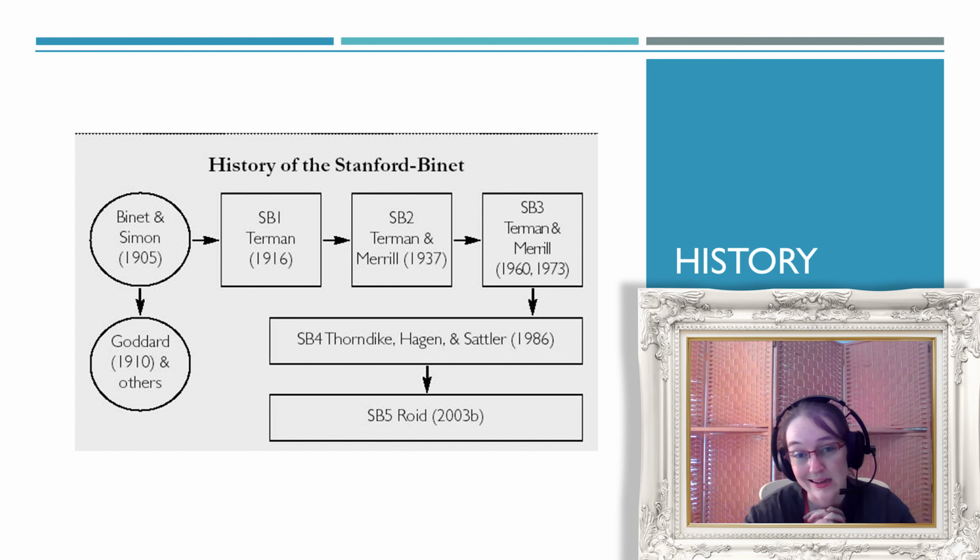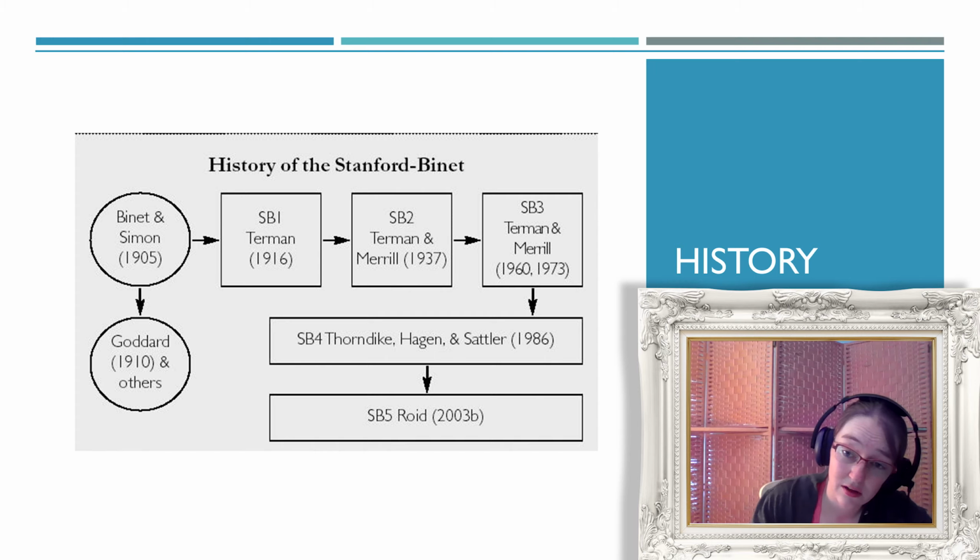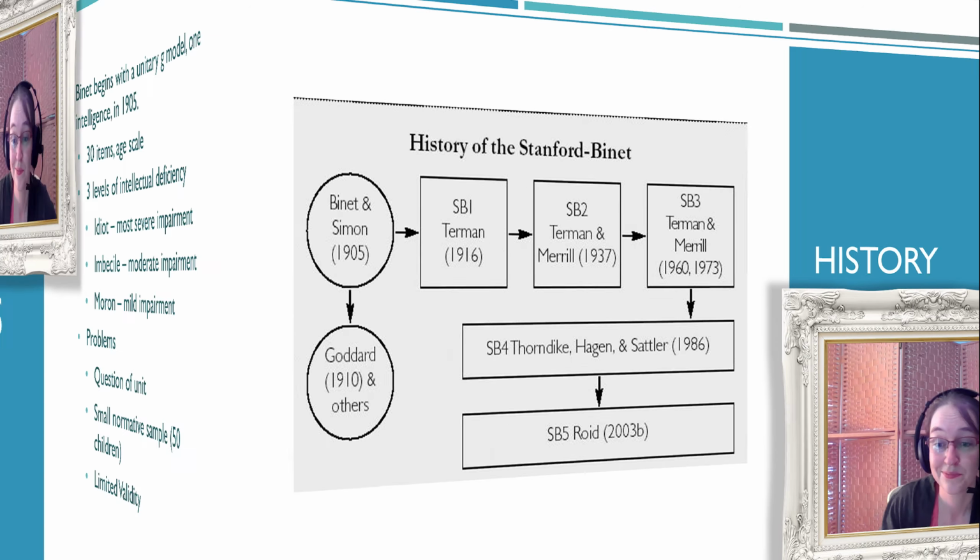Stanford Binet 3 is 1960 through 73. After Terman passes, right around then, it gets taken over and heavily adapted and revamped. And so we're going to start next time on Stanford Binet 4, which is what the book covers. But I'm going to keep going just so that you guys have some content.